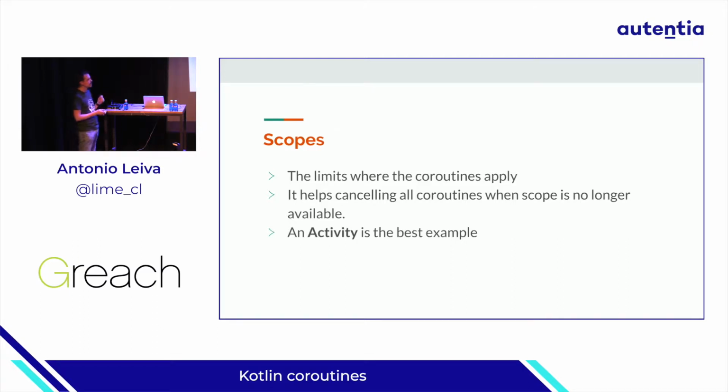So it's a little bit dangerous to leave coroutines or requests being executed and then getting back to the activity, because that could break our app. So the scopes work really well here. And a scope, as I mentioned, is a limit where the coroutines apply, and when we destroy the scope, those coroutines are no longer valid and won't keep executing.